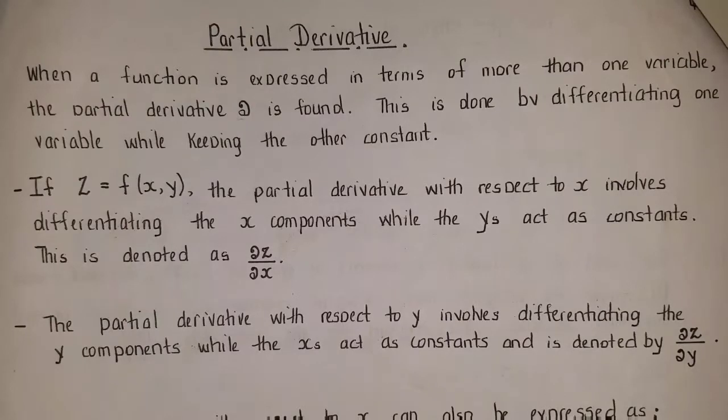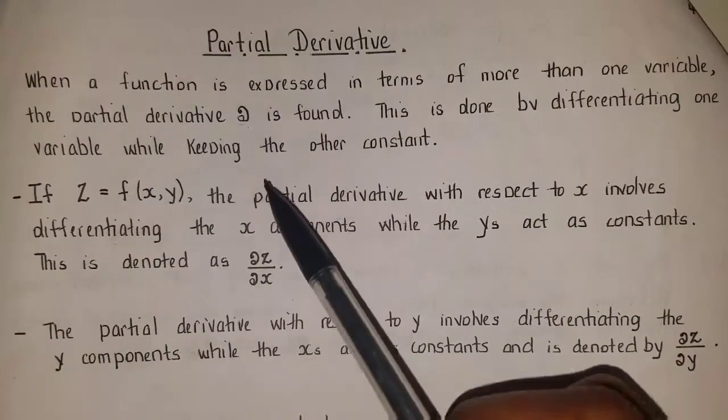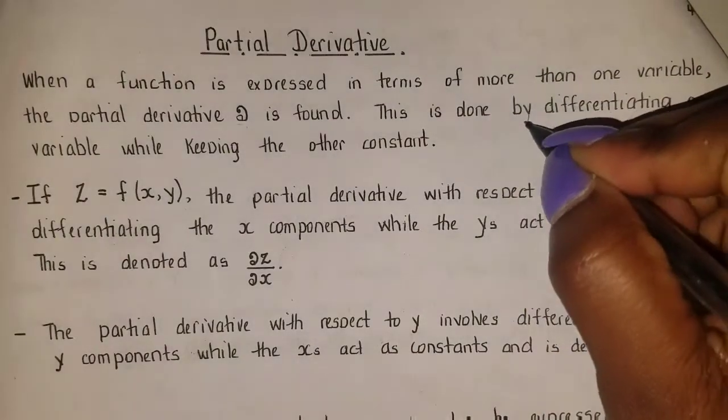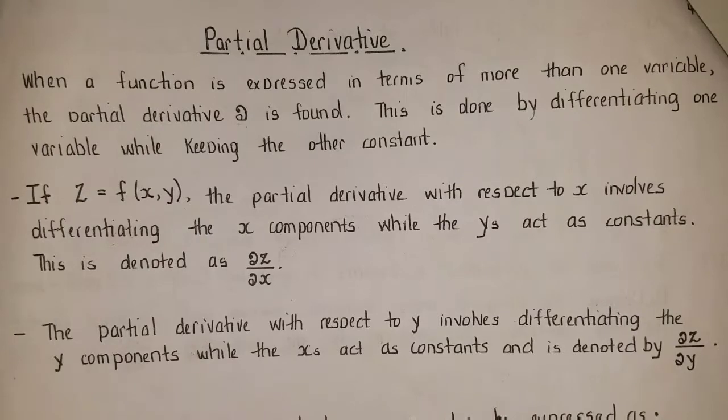It says, when a function is expressed in terms of more than one variable, the partial derivative, and here we have the sign for partial derivative, is found. This is done by differentiating one variable while keeping the other constant. If z equals f of x, y, the partial derivative with respect to x involves differentiating the x components while the y's act as constants.